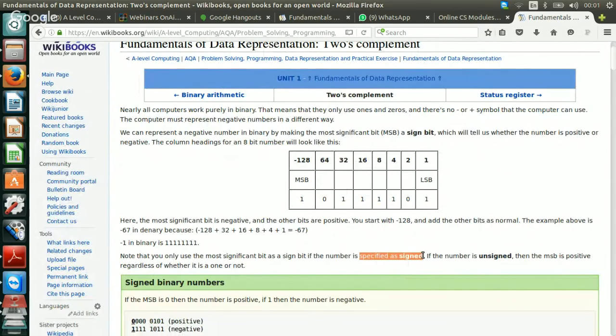Pay attention, listen carefully. If a signed number starts with a zero, that is, the MSB is zero, it means that number is positive. But in a specified signed number, if the number starts with 1, if the MSB is 1, then it means that this number is negative. So you will treat that number as minus.